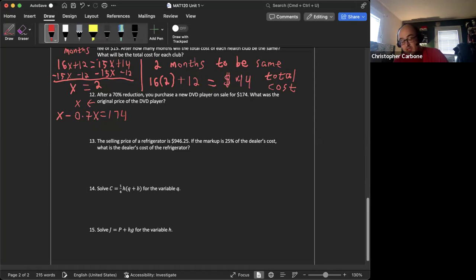So we have to combine the 1x and the negative 0.7x. That makes 0.3x is equal to 174.